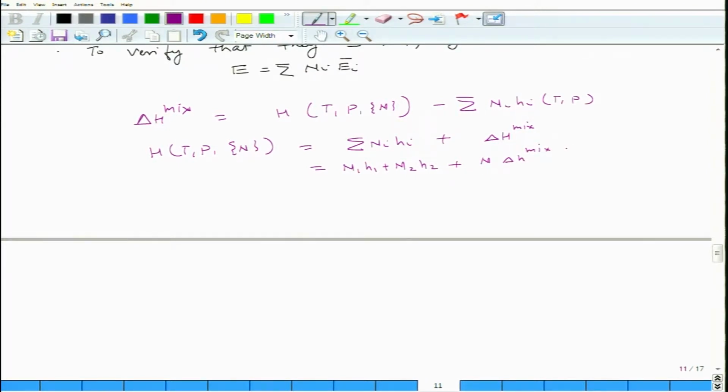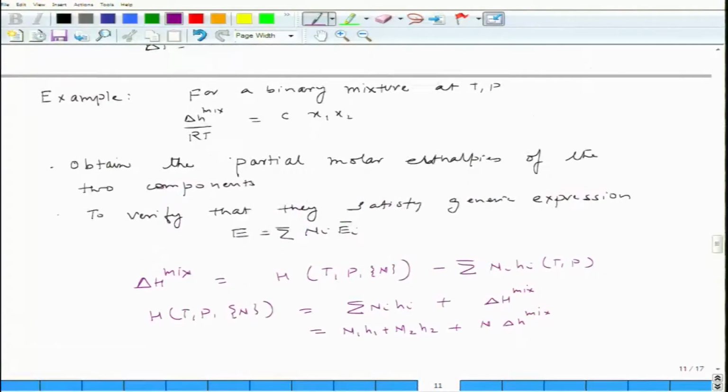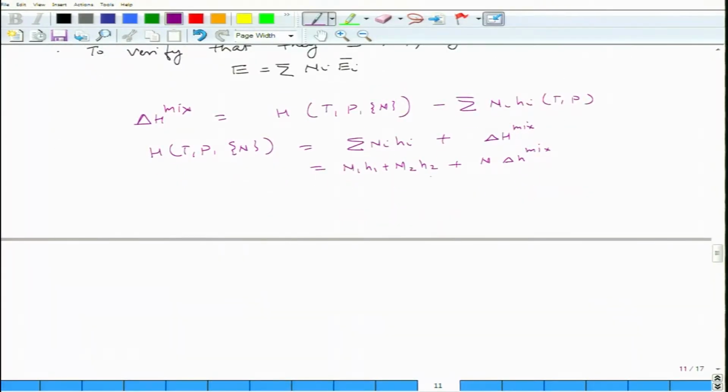Now, the small delta H mix expression is given to us in this form, C x1 x2 multiplied by RT. I am going to plug this in here, so C RT and then x1 and x2.